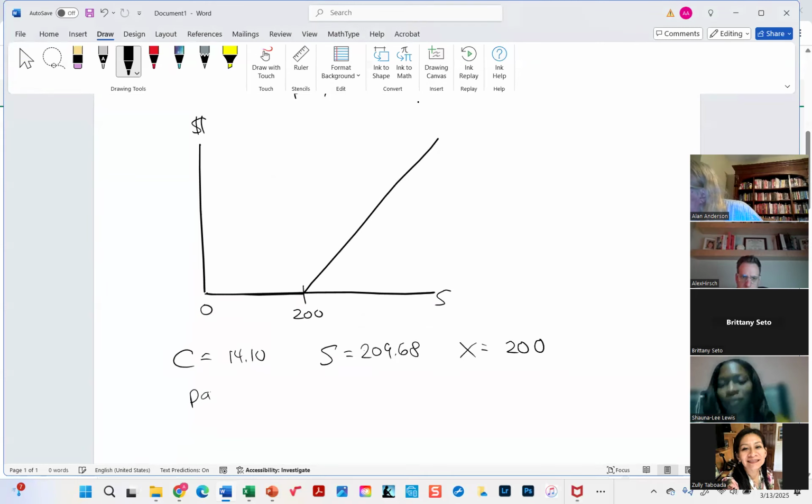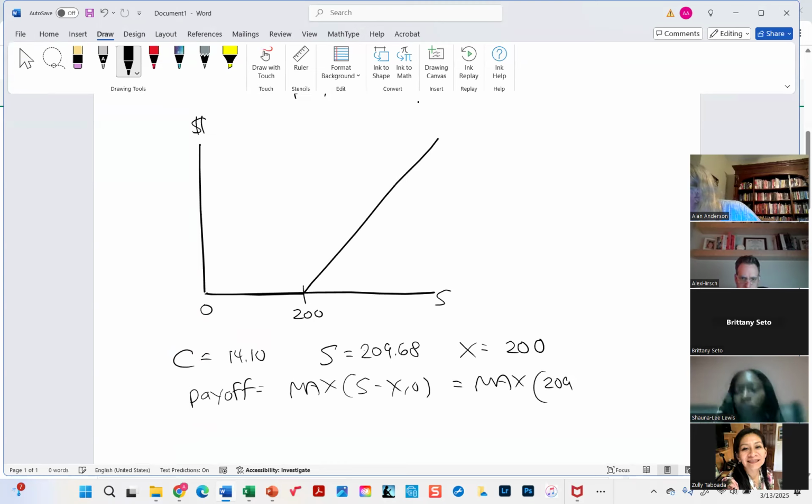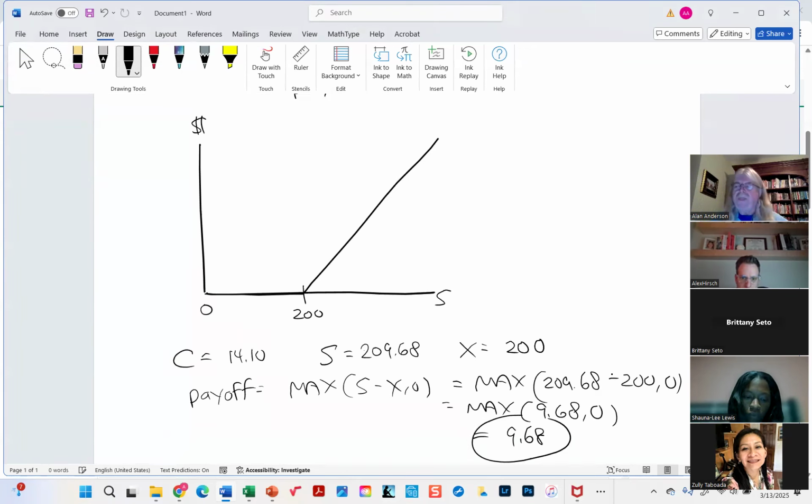And what would happen is my payoff is $9.68. But if you notice, it's in the money, that means it's in the money by $9.68.